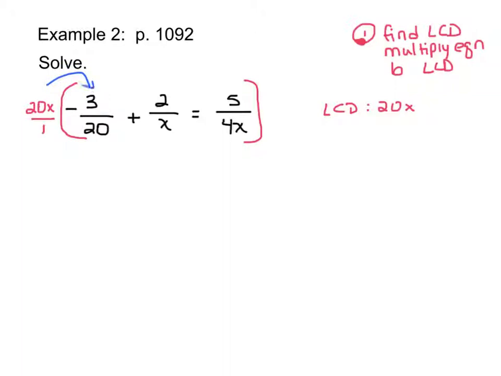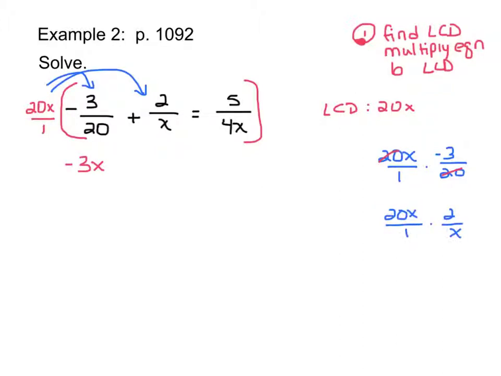Then I'm going to distribute that. So if I have 20x over 1 times negative 3 over 20, my 20s cancel, and I just have x times negative 3. So this is going to be negative 3x. Then I'll do the same thing with the next fraction. I'm multiplying 20x over 1 times 2 over x.